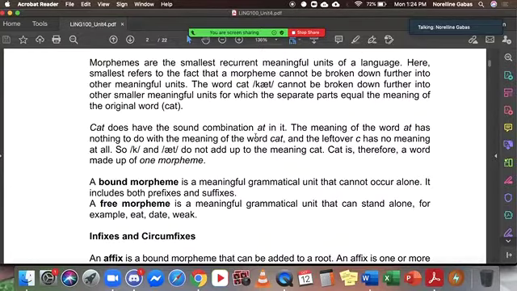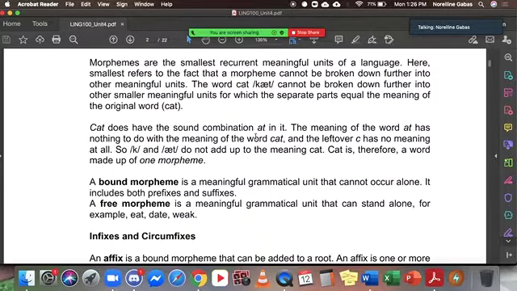Next is about morpheme. It is a meaningful grammatical unit that cannot occur alone. It includes both prefixes and suffixes. So ito yung mga words na bound morpheme ang tawag doon, na may prefix and may suffix.